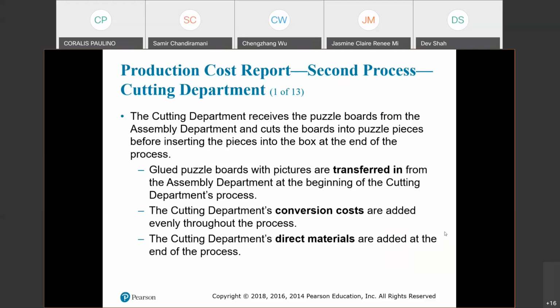The cutting department receives the puzzle boards from assembly department and then cuts the boards into puzzle pieces before inserting the pieces into the box at the end of the process.